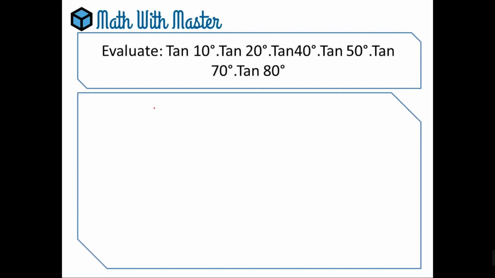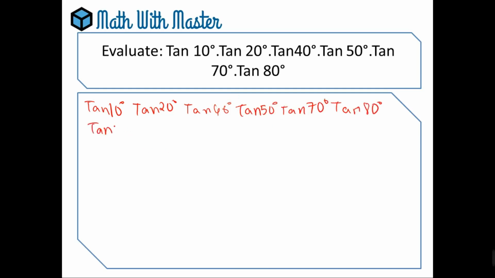So we should evaluate this: tan 10°, tan 20°, tan 40°, tan 50°, tan 70°, tan 80°. We should multiply all of these. We will keep the starting 3 terms as they were before.